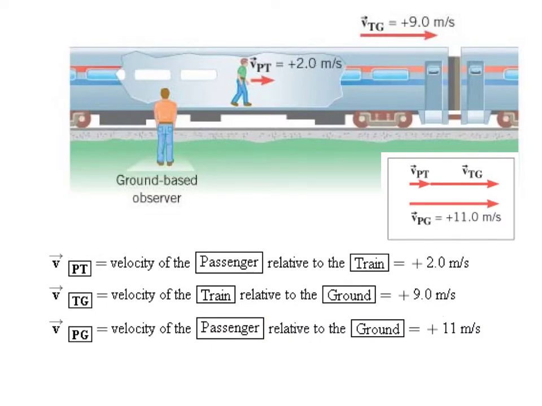So, to your friend who's watching you pull away on the train, it looks like you're going 11 meters per second because your velocity is being added to the train's velocity. So relative motion has to do with motion relative to the person that's observing the motion.